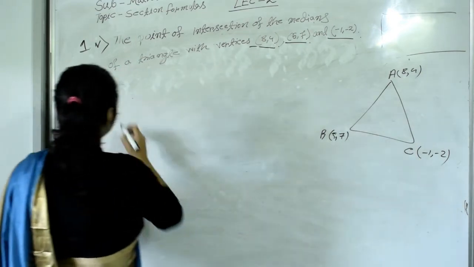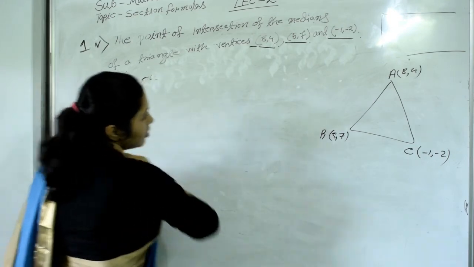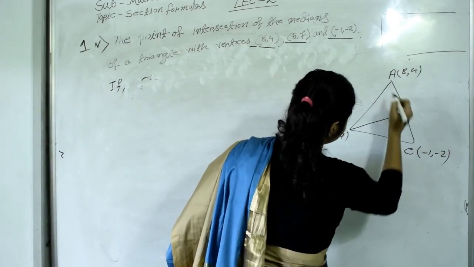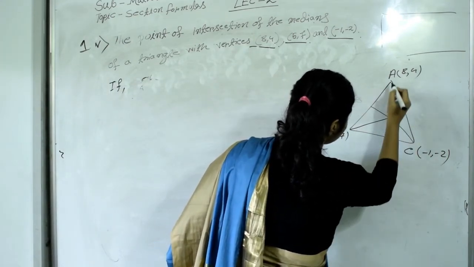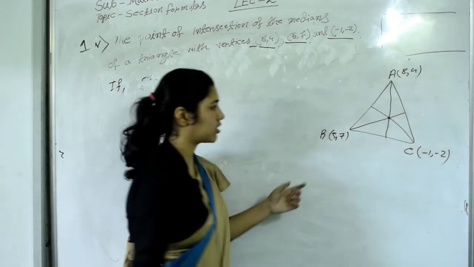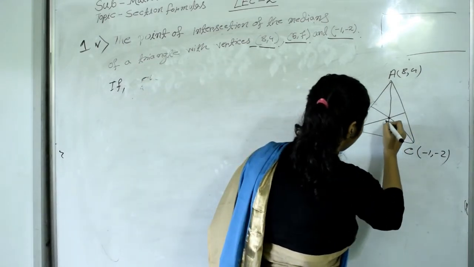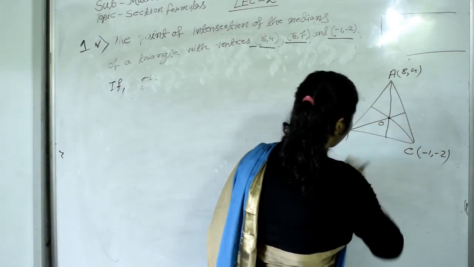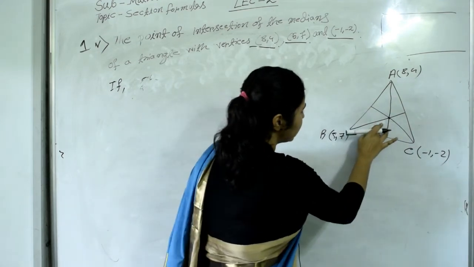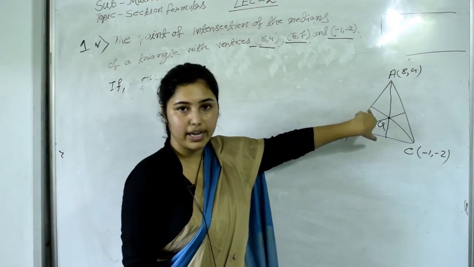We know that if the coordinates of, suppose this is the point of intersection of the three medians, which is the centroid. Now suppose this point G is the centroid of this triangle ABC.